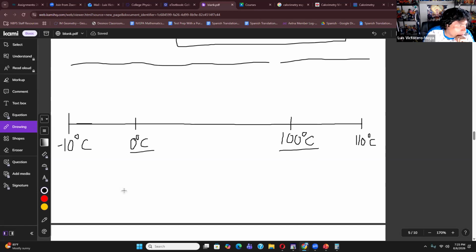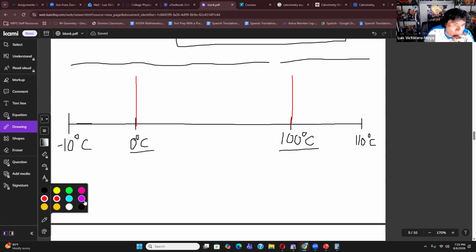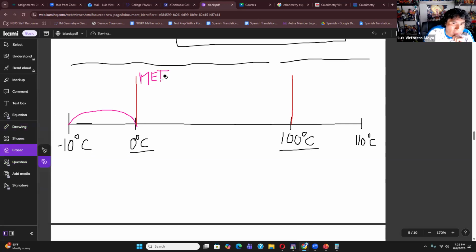What is 0 degrees Celsius, guys? Freezing point. Yeah, and what's 100 degrees? The boiling point. Yeah, so those values you need to know. Because ice is going to heat up, it's going to melt. Then it's going to heat again.